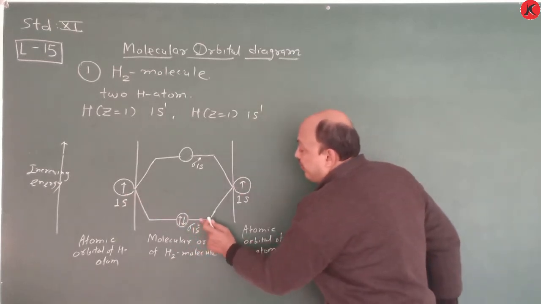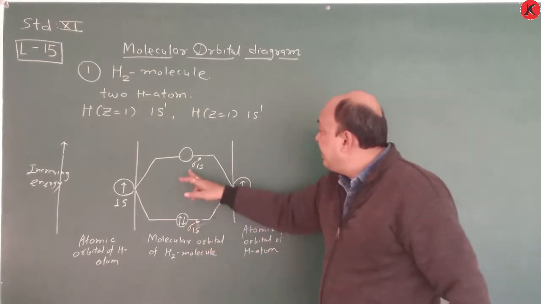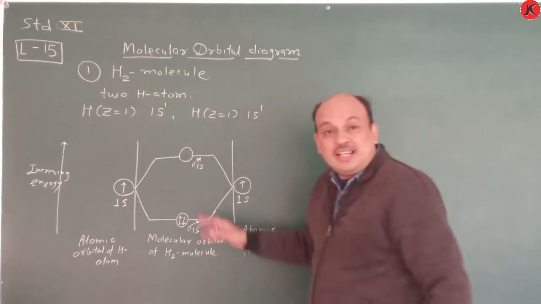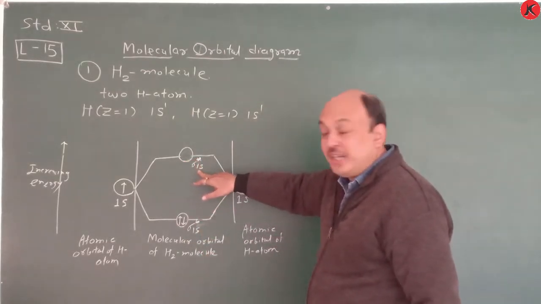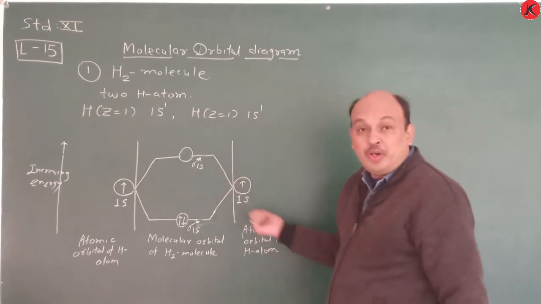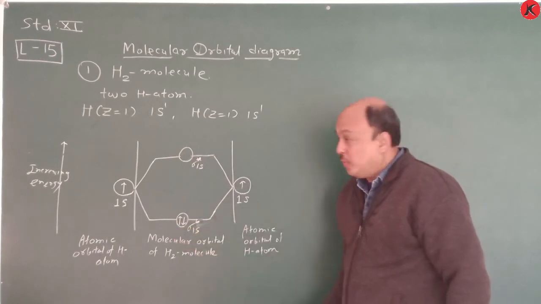This is sigma 1s, write B for bonding, and here sigma star 1s, which is nothing but anti-bonding. The energy is higher here and lower here.